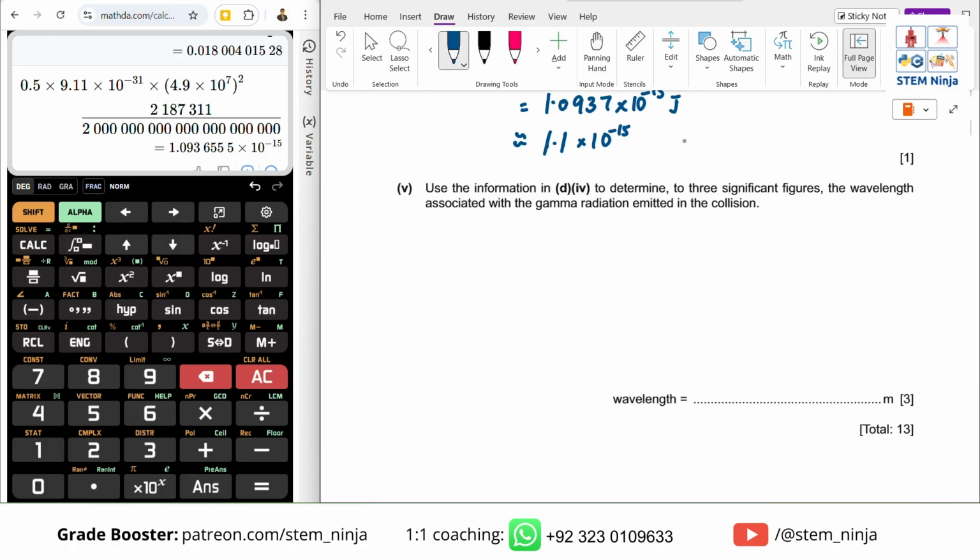So for one electron, we go to one photon. So kinetic energy plus the rest mass energy equals photon energy.